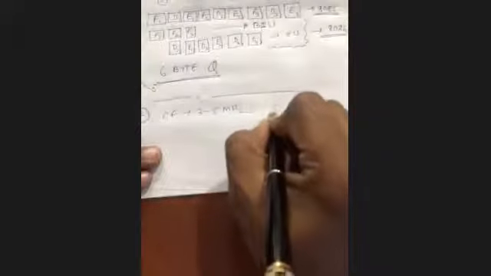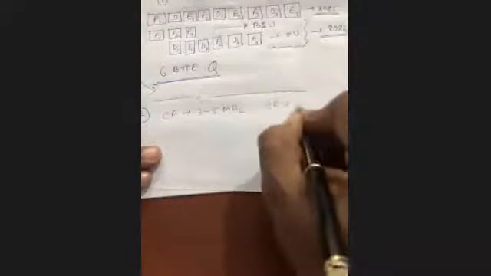3 to 5 megahertz. Okay. And the clock frequency of 8086, this is for 8085, and in 8086, 5 to 10 megahertz.